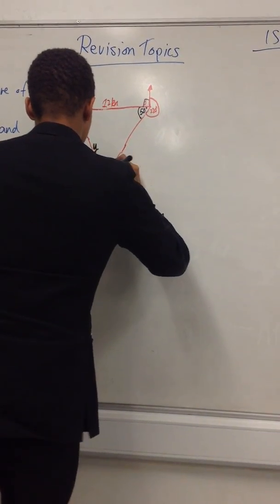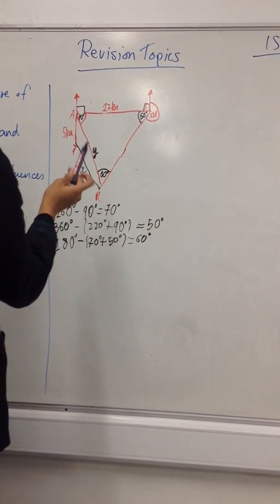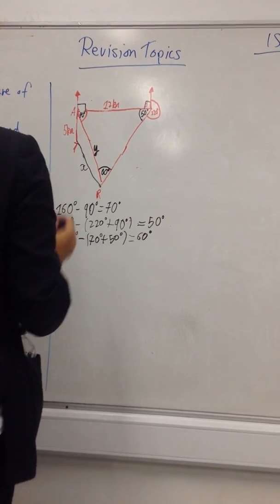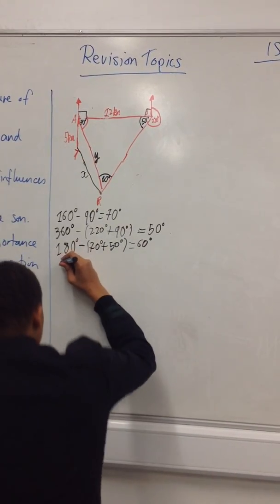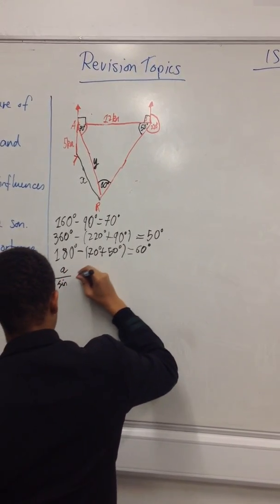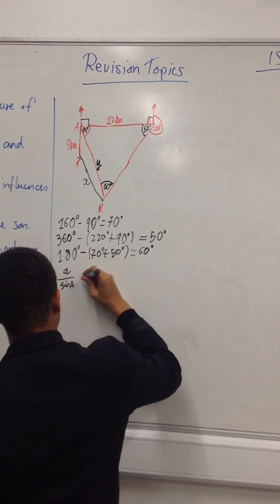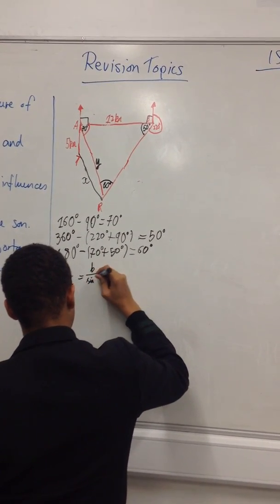This is important as we need the sine rule, and you can only use opposite angles and lengths in the sine rule. We want to get y, and the sine rule goes like this: a over sine a equals b over sine b.